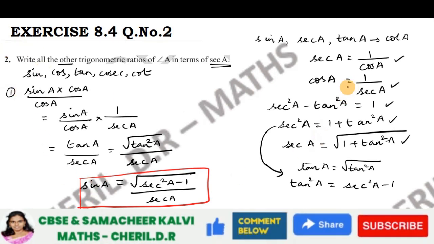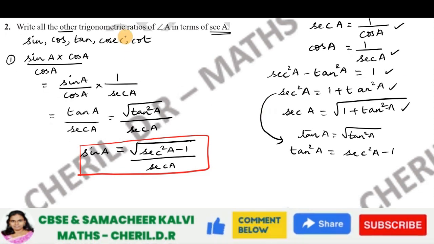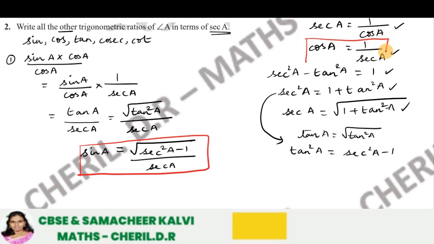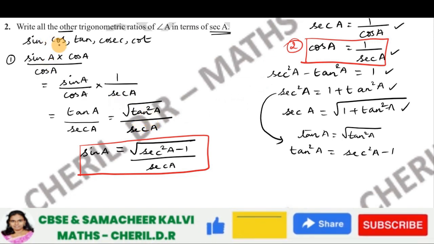Now we can go to the next trigonometric ratio, which is cos A. For cos A I already have it here. Cos A is going to be 1 by secant A. Second one also we've got.